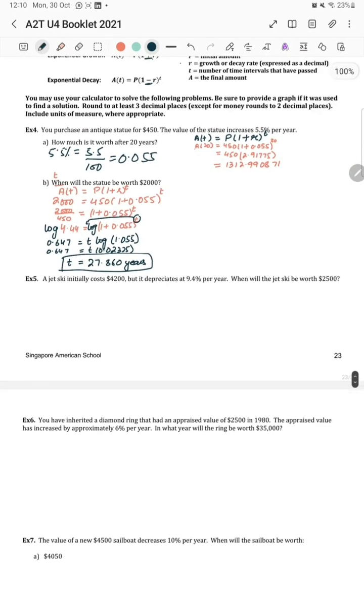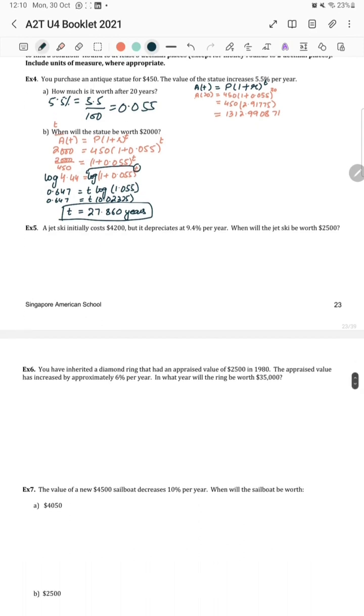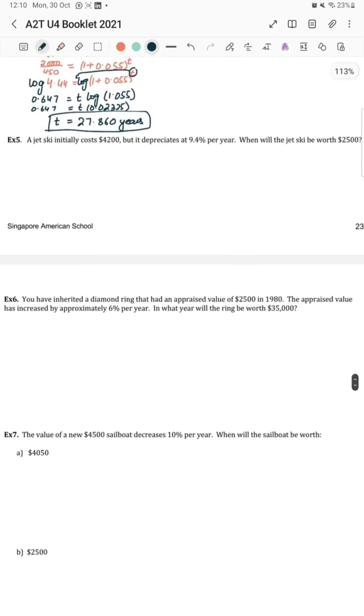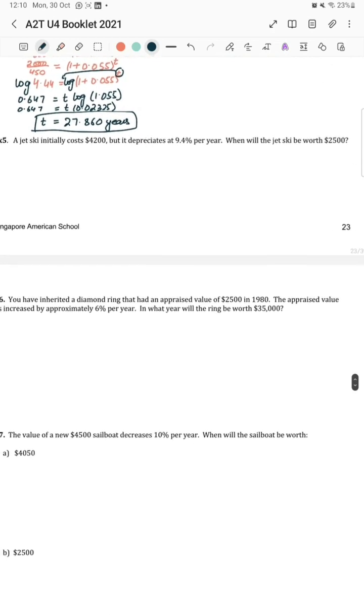Okay, a jet ski initially costs $4,200, but it depreciates at 9.4% per year. When will this jet ski be worth $2,500? So again, it's asking when. Whenever it asks when, it means time.